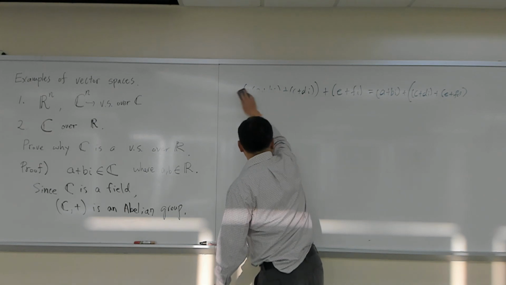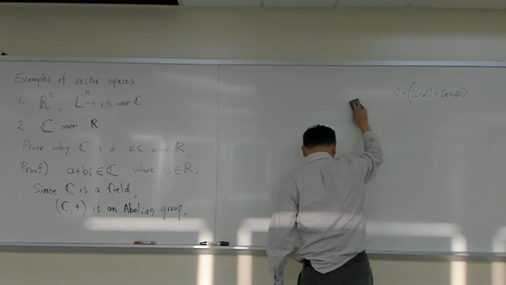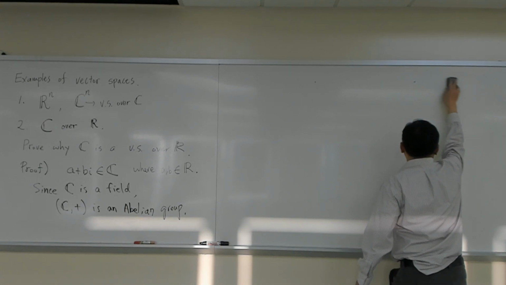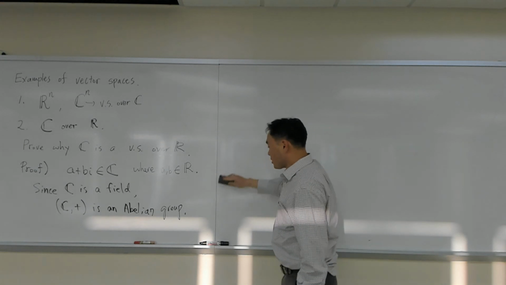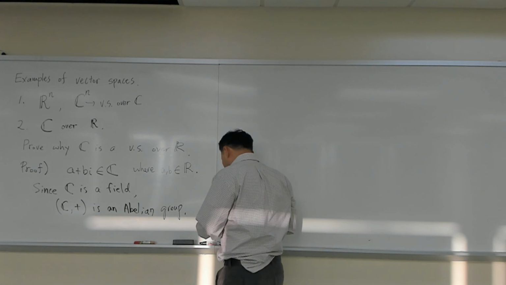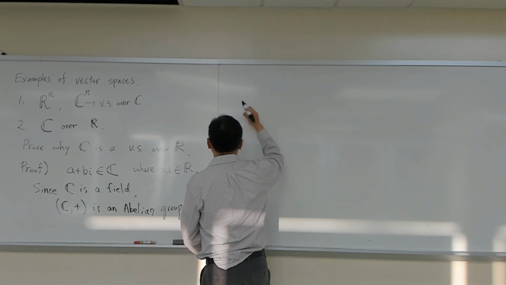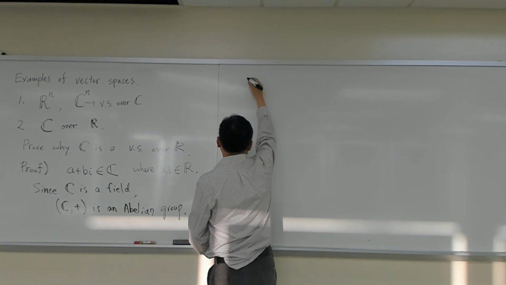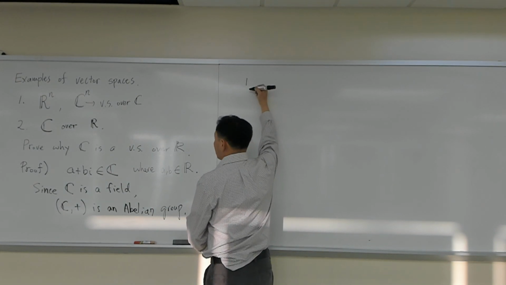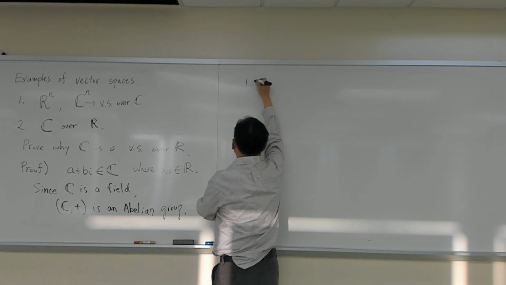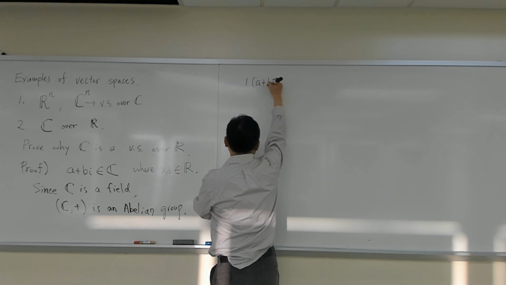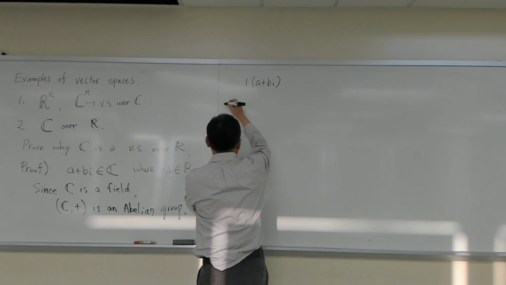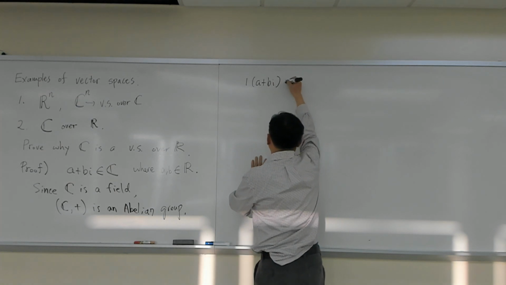So that's okay. That means we just have to check the other 4 properties. 1 is the multiplicative identity in R, so I have to think about how this operates.